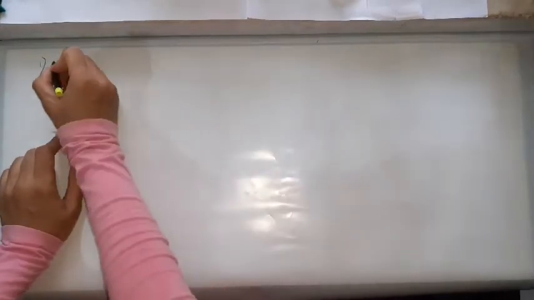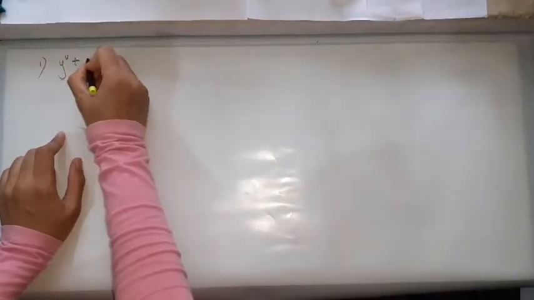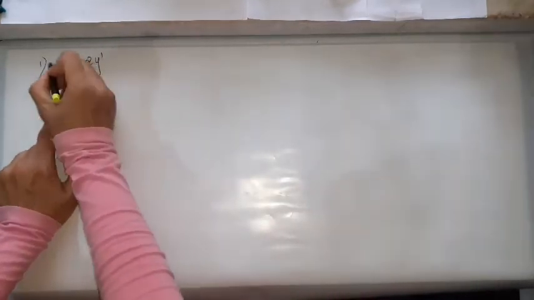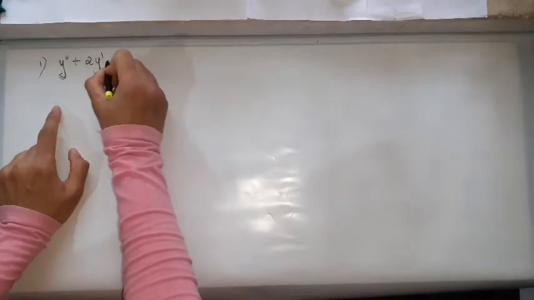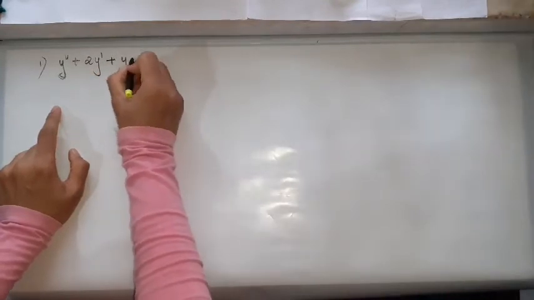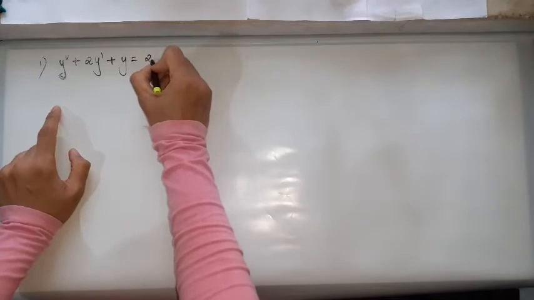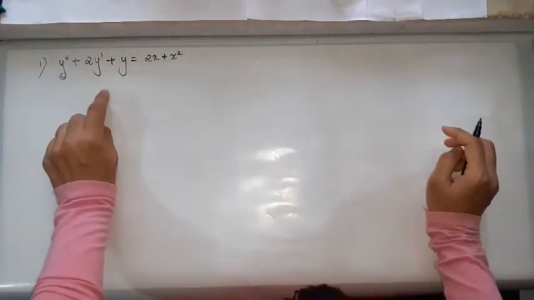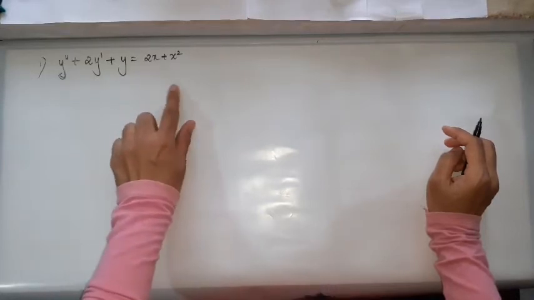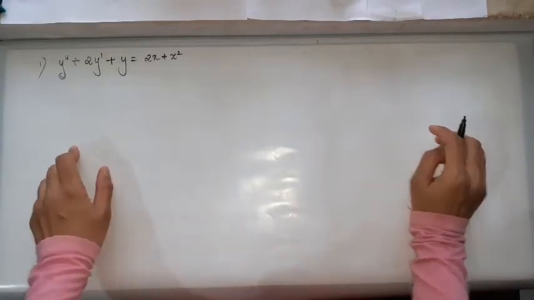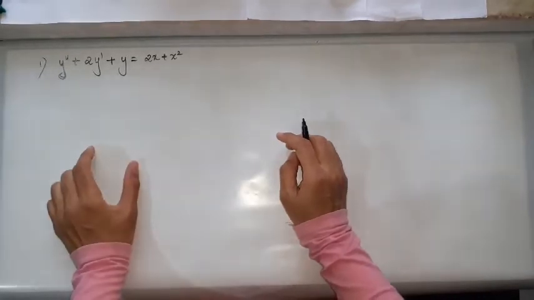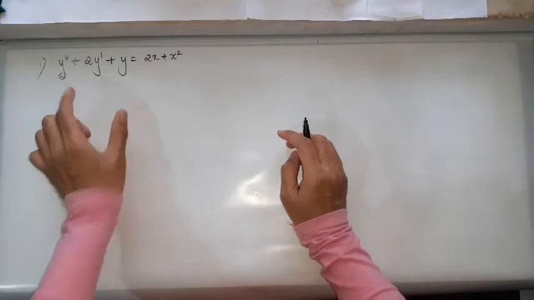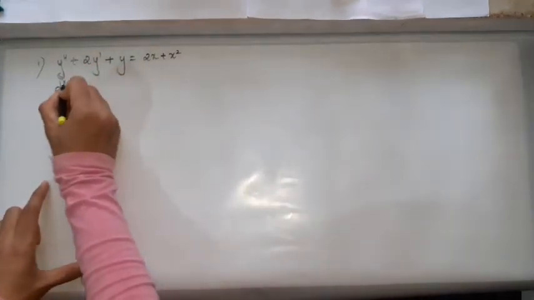Take this: y double dash plus 2y dash plus y is equal to 2x plus x square. How will you solve this kind of problem? Obviously you know how to deal with this part. So this is nothing but d square y by dx square.